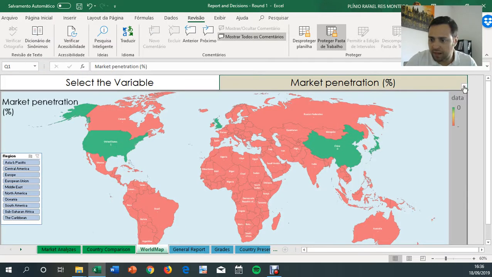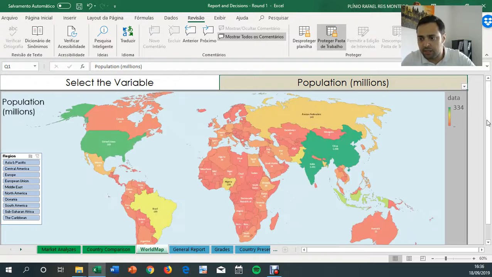Here we will have the same variables, but you will find out that all the numbers like the populations and GDP per capita will change year by year. And so you can use this world map to compare these demographical and economical variables.